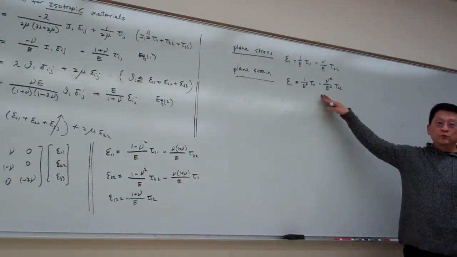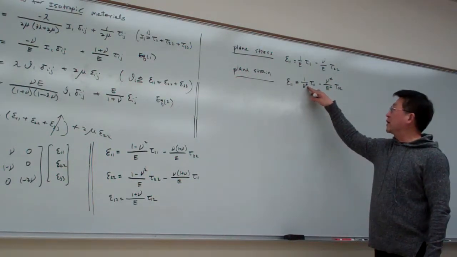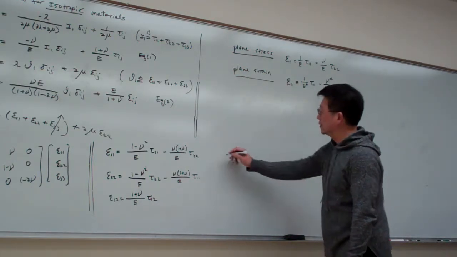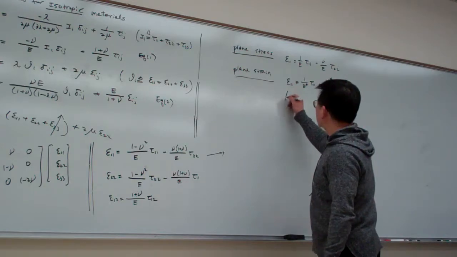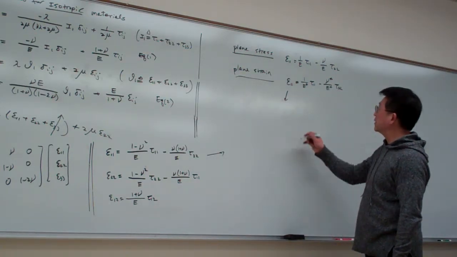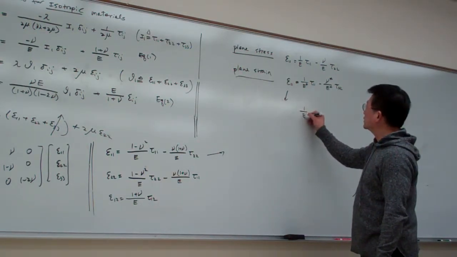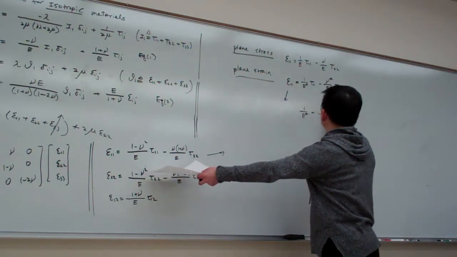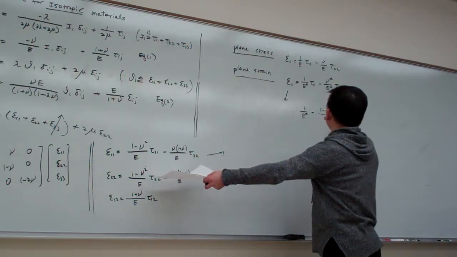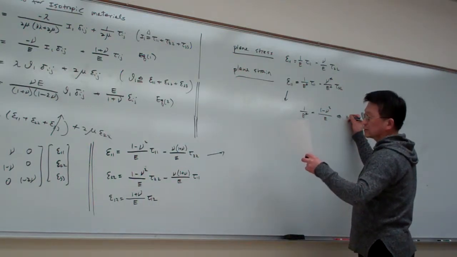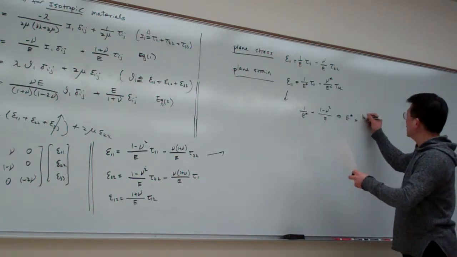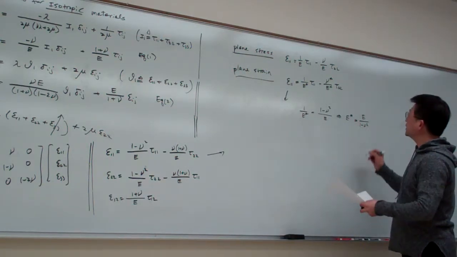So as long as we are able to find the expression of the star quantities, I'm going to compare the two equations. From here you can see E star will be equivalent to this one. So therefore E star simply equals E over 1 minus nu squared.